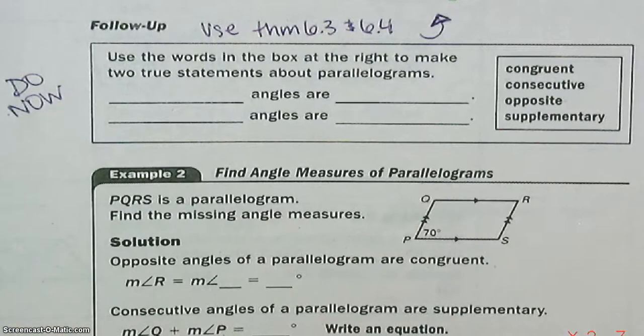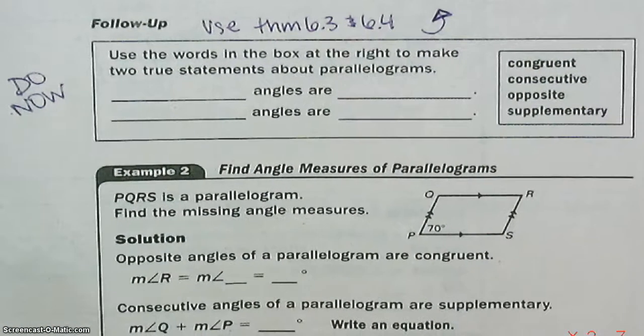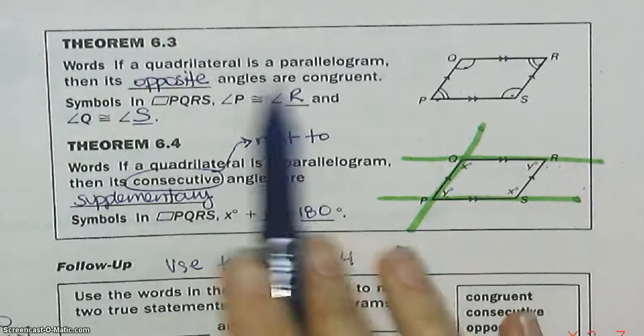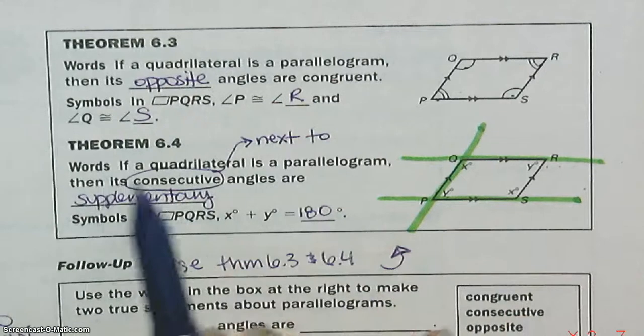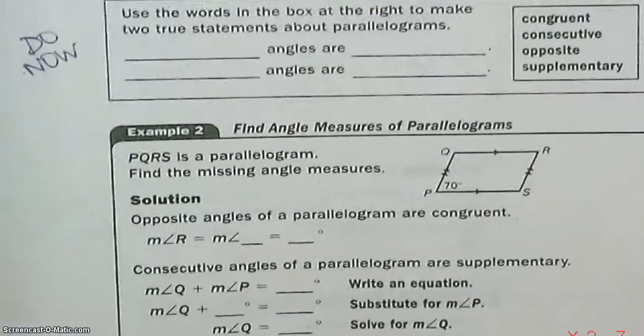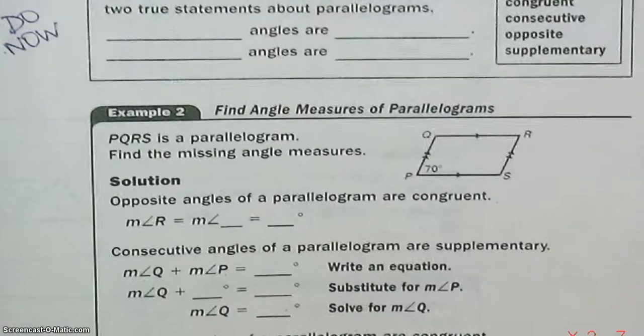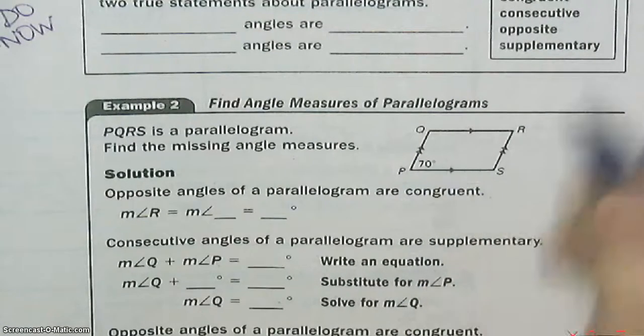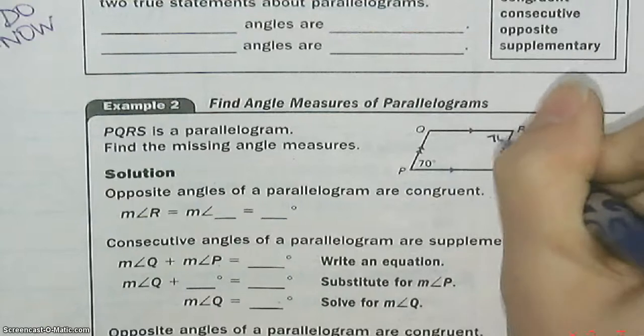Now we need to find angle measures. All right, well, we just learned 2 things about angles. We learned opposite angles are congruent, consecutive angles are supplementary. So let's use that down here in this example. Opposite angles are equal. So if P is 70, opposite of P is R. So R must be 70.